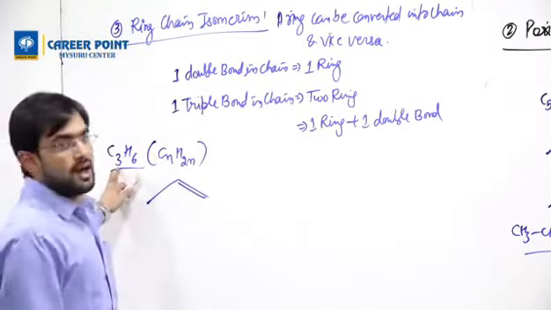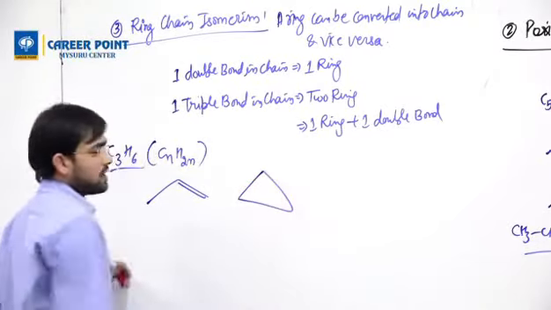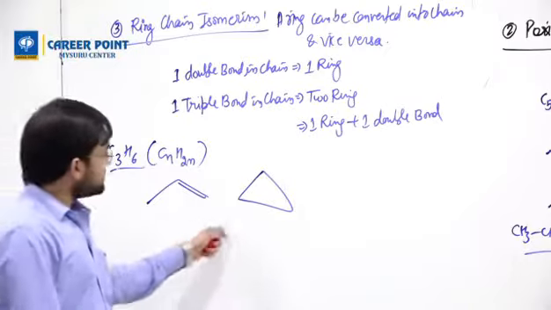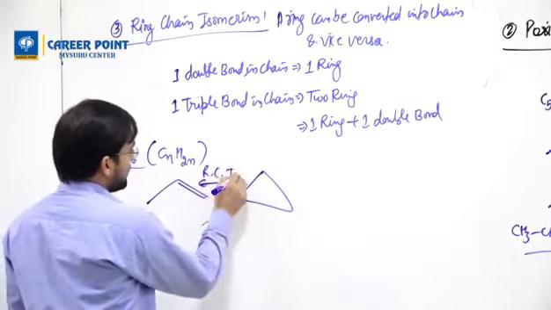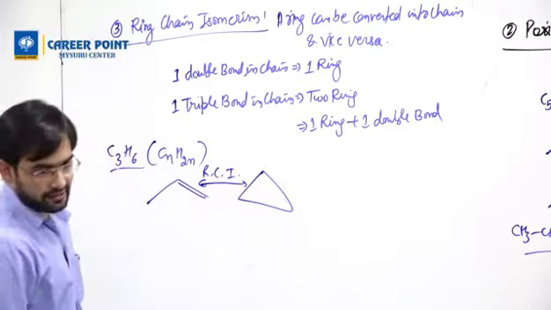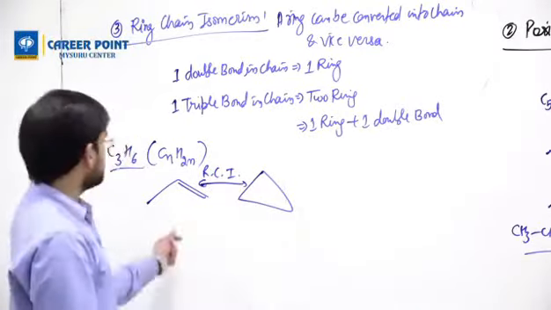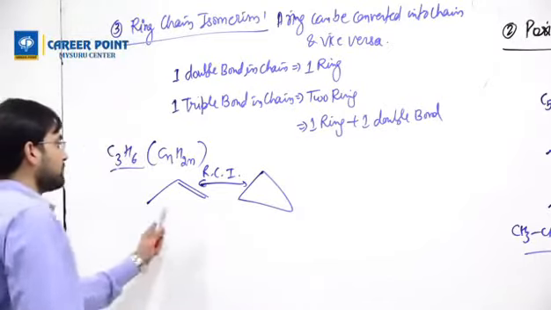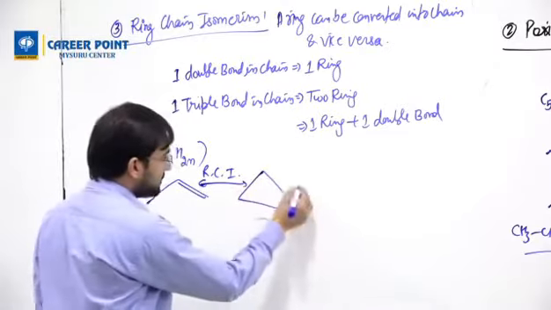That many carbon we have. How many carbon we have? 3 carbon. So a 3 carbon ring. These two are ring chain isomerism, RCI. Ring chain isomerism. Done.